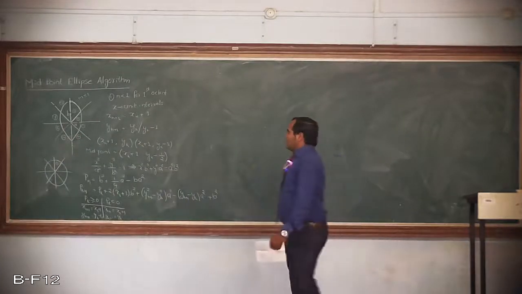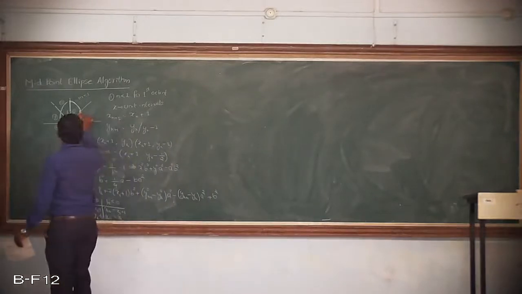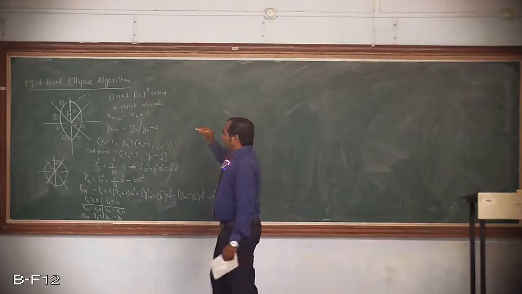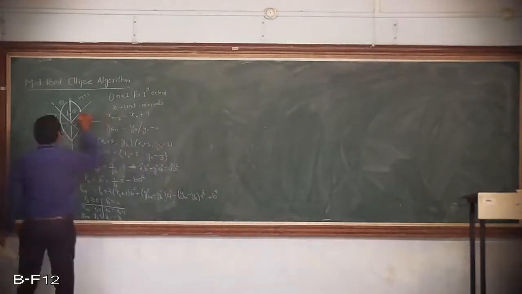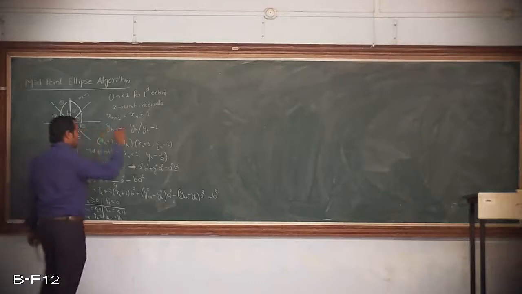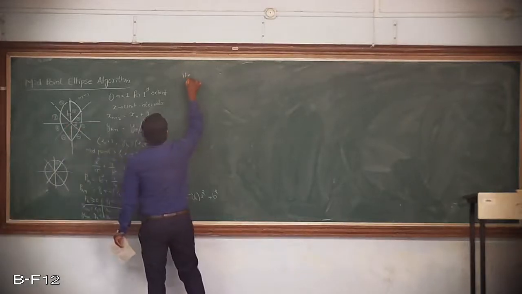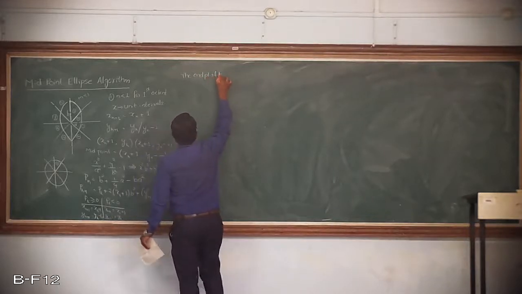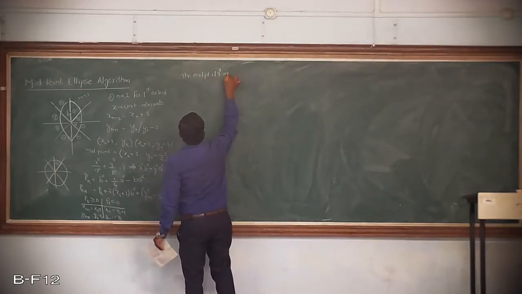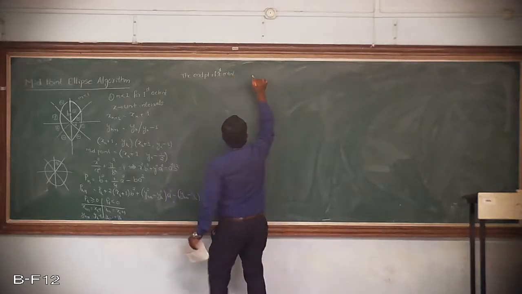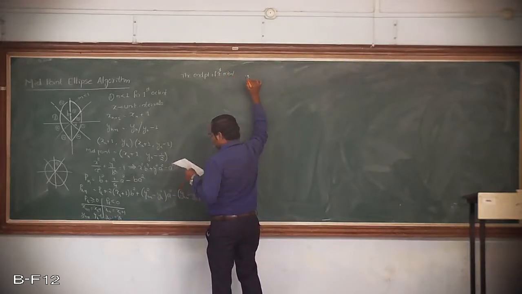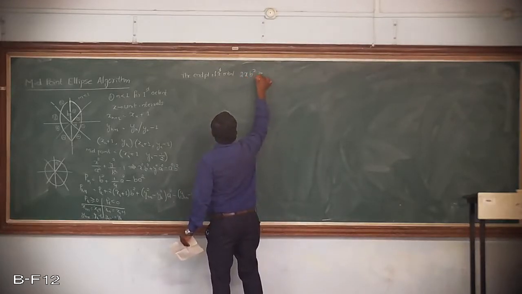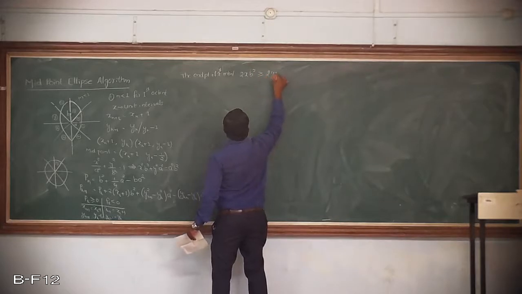Now the question is where we should end this octant. The end point of the first octant is taken as 2x b square greater than or equal to 2y a square.